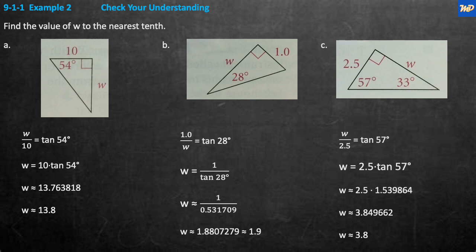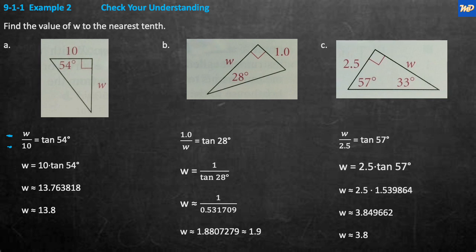Okay, so the answers for A, B, and C to the nearest tenth. For problem A, we have a 54-degree angle, an adjacent side of 10, and an opposite side of W, and we want to find the value of W to the nearest tenth. We set up our equation as opposite over adjacent, which is W divided by 10 is equal to the tan of 54 degrees.